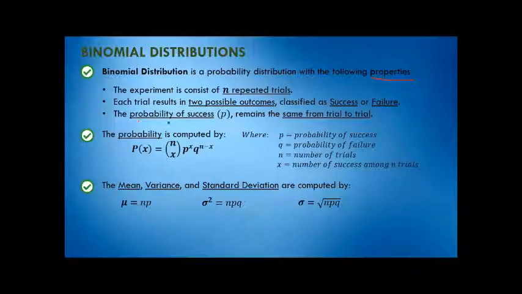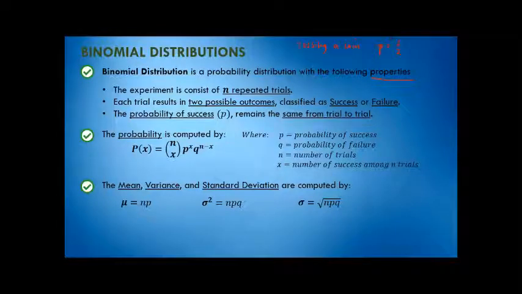Okay? The probability of success for the binomial distribution remains the same from trial to trial. So even though maraming trials yung experiment mo, yung probability of success constant lang siya. Halimbawa, sa tossing of coin, ang probability of success, for example, is 1/2.